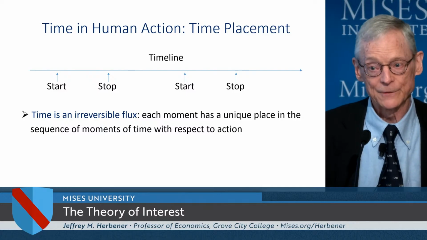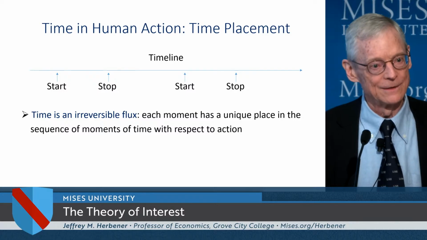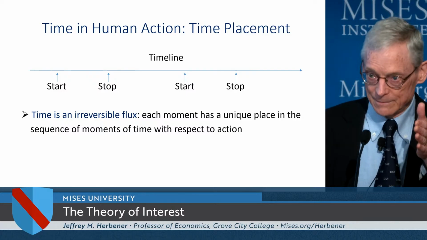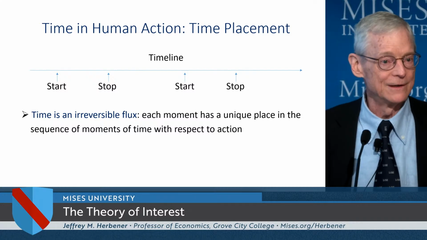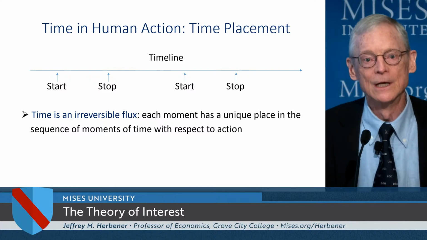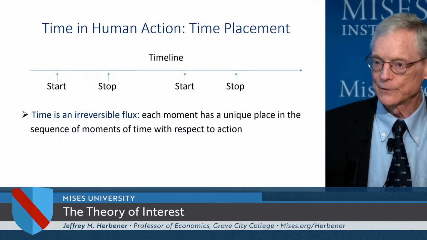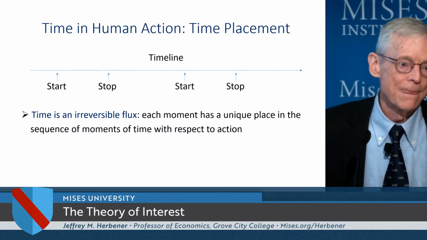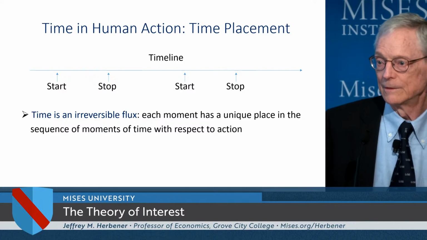And because it does, it means that the value of taking a particular action can be influenced by the moment we start and the moment we stop, because the marginal utility of the consumptive gain that we're going to get from that action will depend upon the external circumstances, and our own judgments and so on, in the future that are going to be different than they are at the present moment, from one moment to the next.